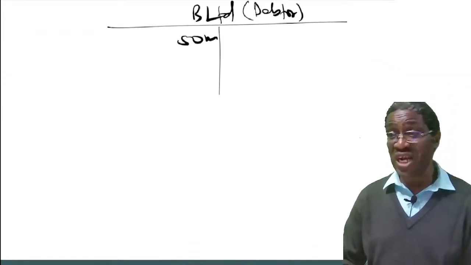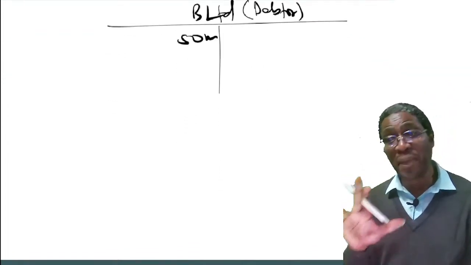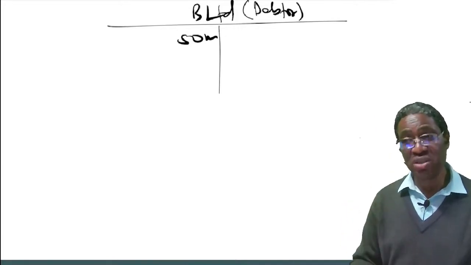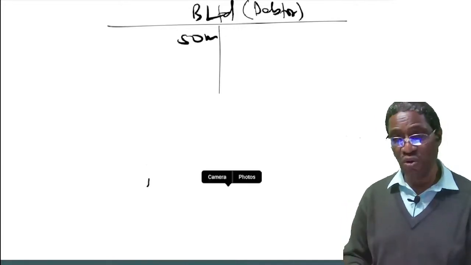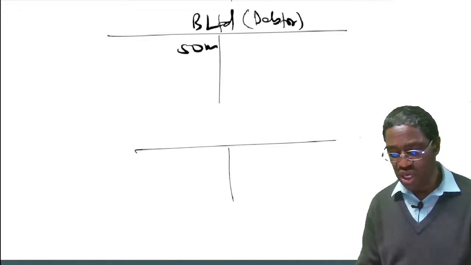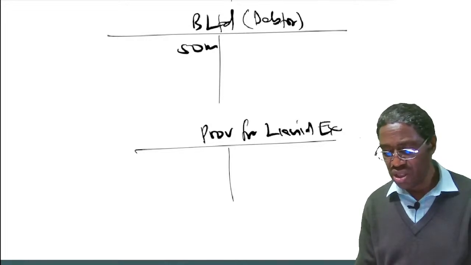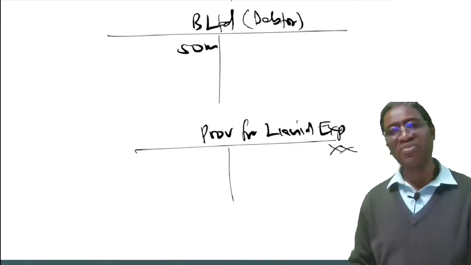Once you realize from the question that it is company B paying for the liquidation expense on behalf of company A, you A will debit realization and credit this account called provision for liquidation expense by the amount.